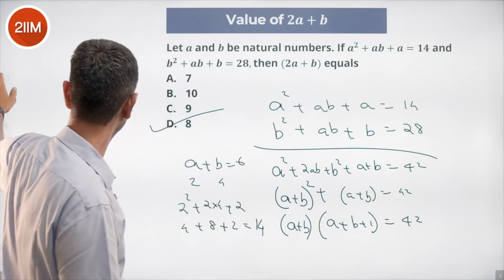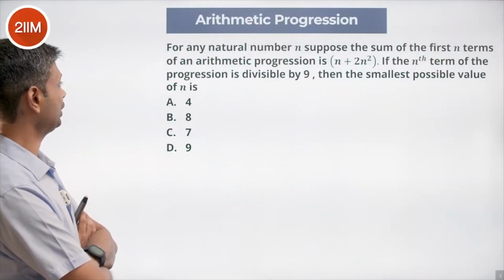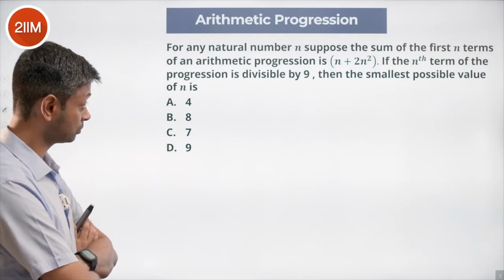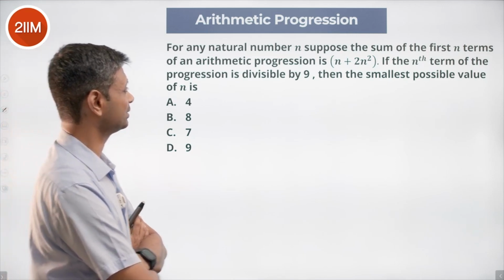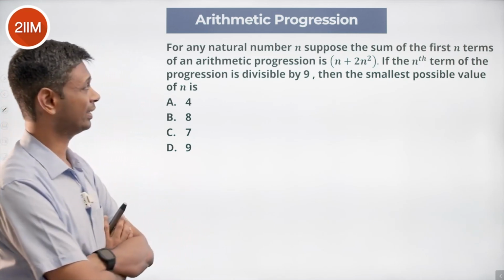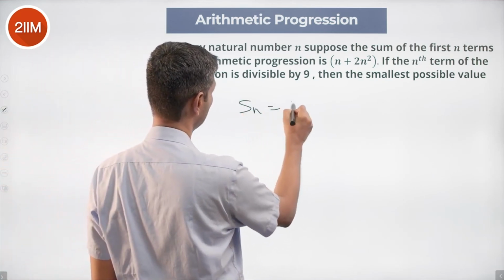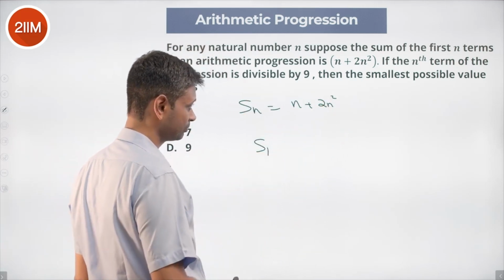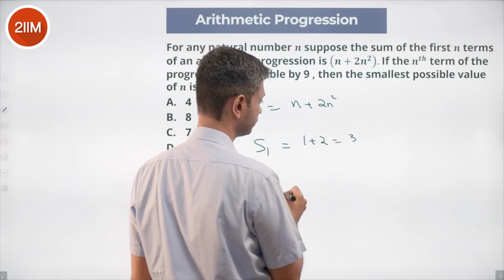We can snap out of it and simplify this. For any natural number n, suppose the sum of the first n terms in an arithmetic progression is n plus 2n square. If the nth term of the progression is divisible by 9, then the smallest possible value of n is? Sum up to n terms is n plus 2n square. I'll find the sum up to one term: 1 plus 2, which is 3.